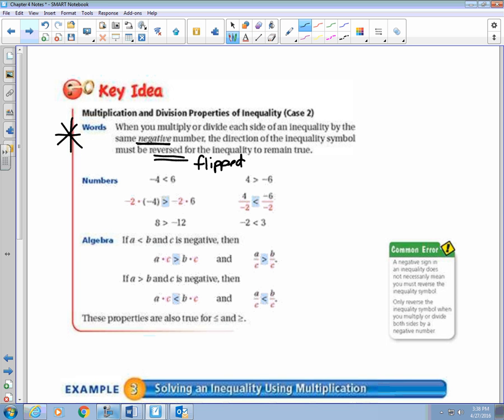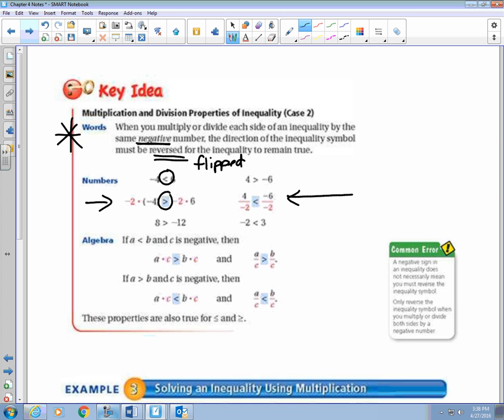So let's take a look at our number examples here. In this one here, we're multiplying both sides of the inequality by -2. And when we do that, we have to flip the inequality symbol. So you'll see that the symbol here was a less than, and because they multiplied by -2, they flipped it to now it's a greater than.